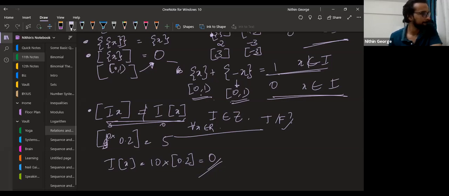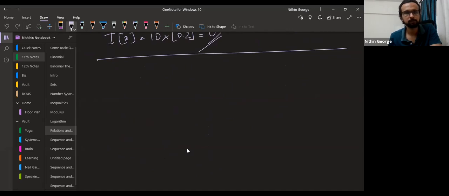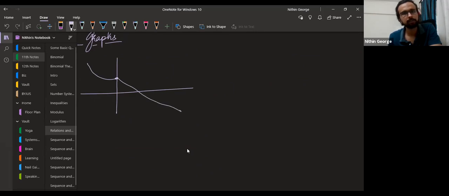Now, let's do a little with graphs. This is some graph y equal to f of x.